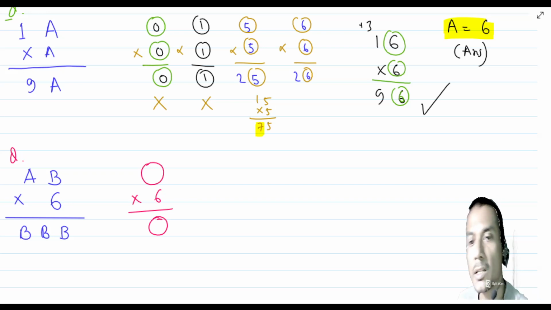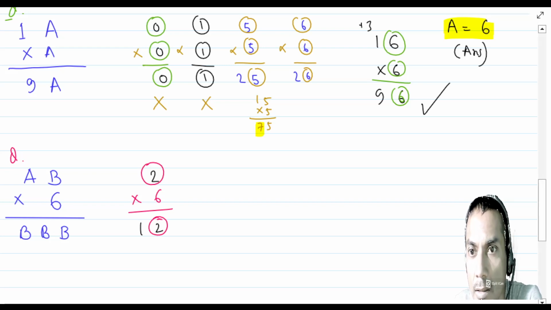If we consider 1, that's not possible because the empty circle has to be the same number. Now if I consider 2, not possible. 2 is possible. It is possible. Correct.